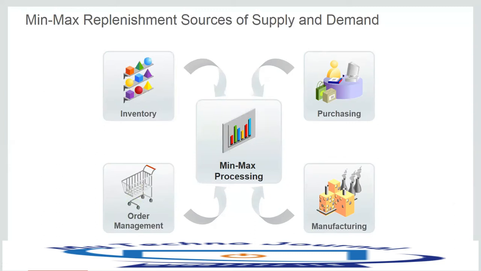The system orders automatically when the following is true: when the on-hand quantity minus demand plus the quantity on order is less than the minimum quantity which you have set for the item, then the item becomes a candidate for replenishment.